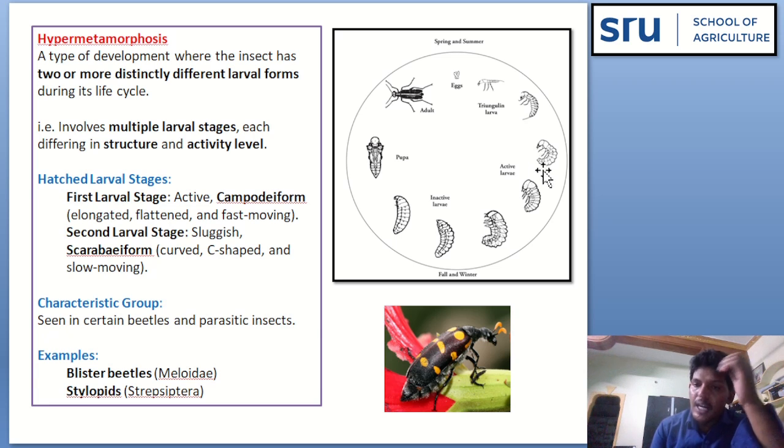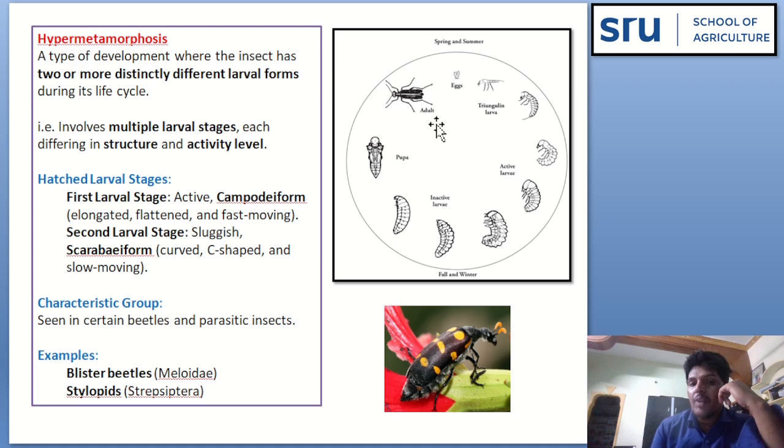But the second larval stage is sluggish scarabaeiform, that is curved, C-shaped and slow moving. When more than one larval stage is there in the life cycle of an insect, such development is known as hypermetamorphosis.